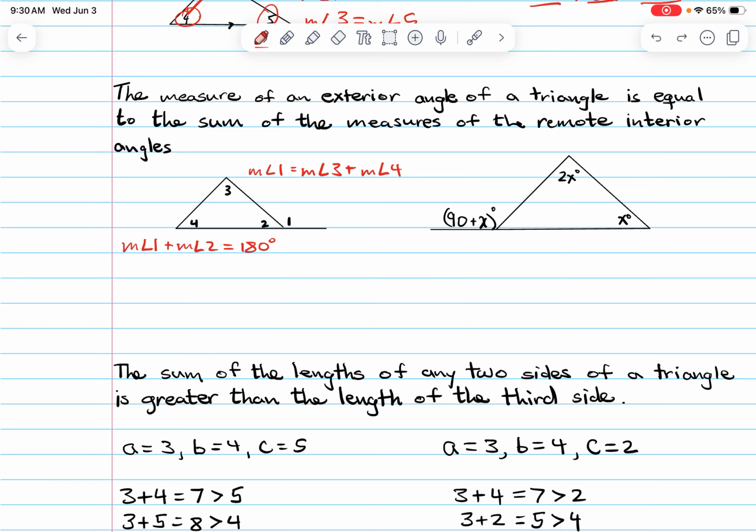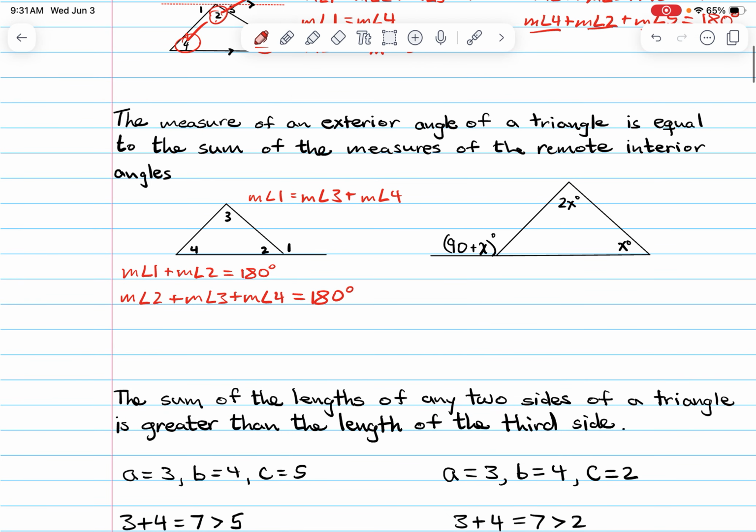We also know that the measure of angle 2 plus the measure of angle 3 plus the measure of angle 4 also equals 180, because those are the measures of the angles of a triangle.